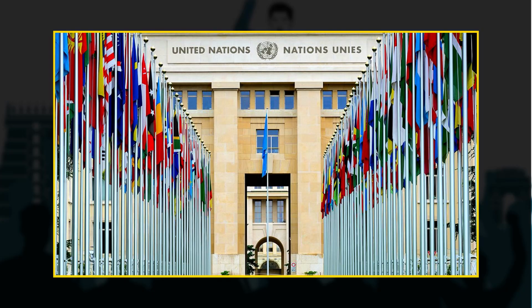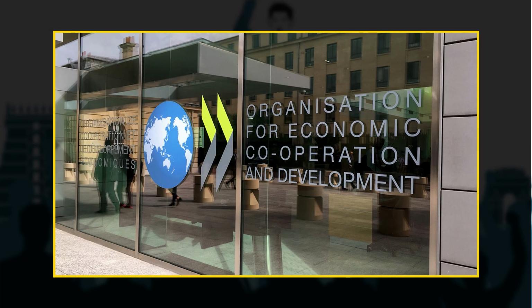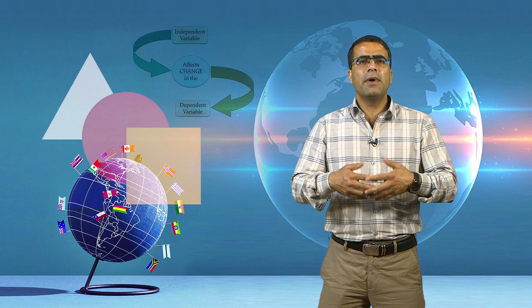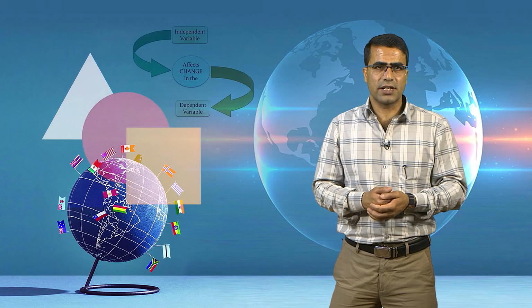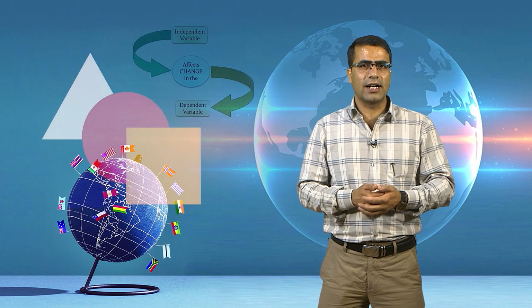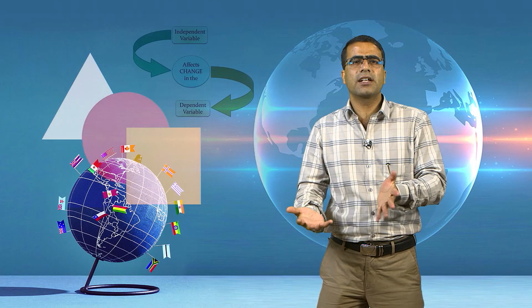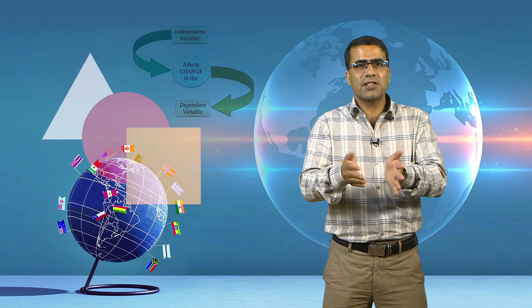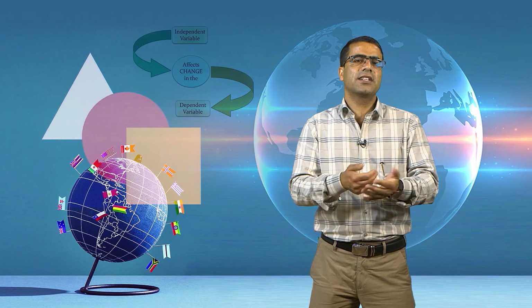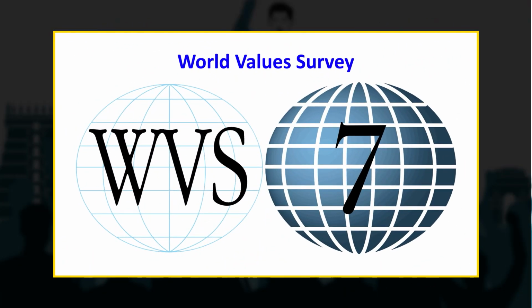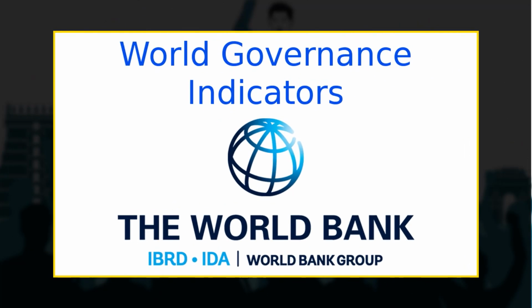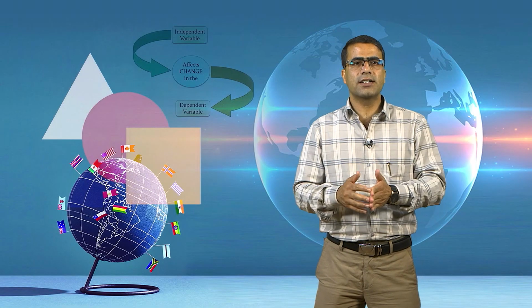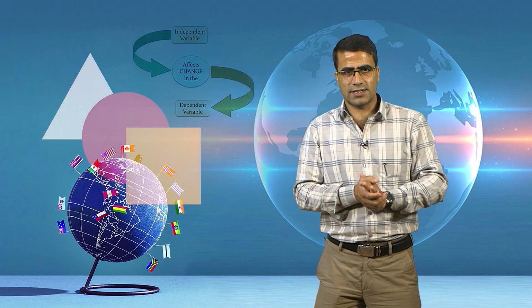Organizations such as the United Nations, the Organization for Economic Cooperation and Development, and many other organizations and institutions produce volumes of data concerning the social, political, and economic affairs of nations, and this data is often readily available to researchers. Also, international projects such as the World Value Survey, Worldwide Governance Indicators, and so on have distributed high quality data to comparative researchers.